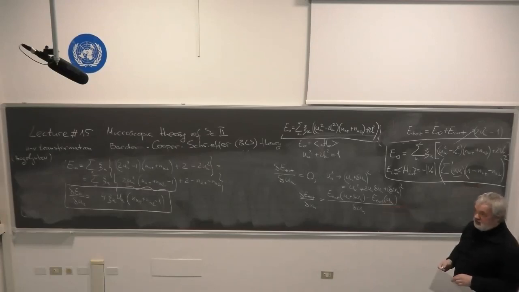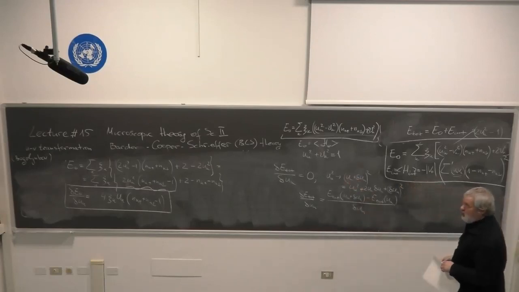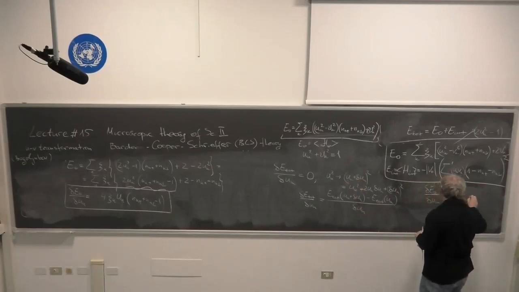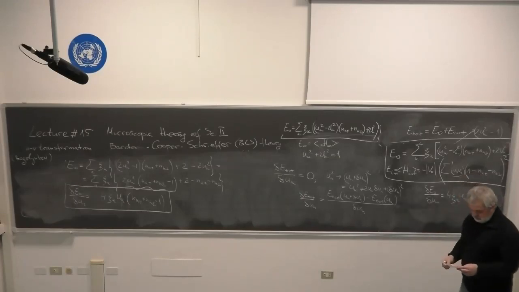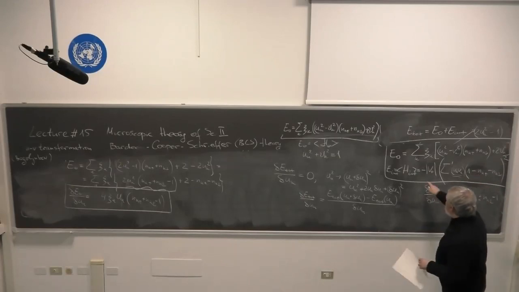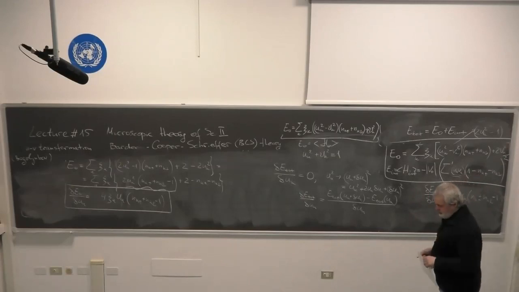Here, I'm taking the derivative with respect to the u, v coefficients under this connection, and I assume that both coefficients are real. So δE₀ over δu_k is equal to 4 ξ_k u_k, n_k up plus n_k down minus 1. Good. Now I need to take a derivative of the interacting part. And u and v are sitting here.